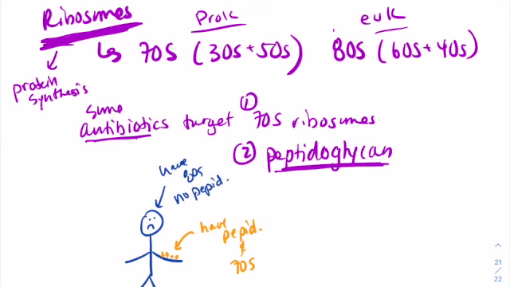So antibiotics have to take advantage of differences between your cells that we're trying to keep healthy and alive, and bacterial cells, prokaryotic cells, that we're trying to get rid of if they're causing you an infection. So if you give someone an antibiotic that destroys peptidoglycan, these guys are going to have a really hard time growing, right? So that clears the infection.